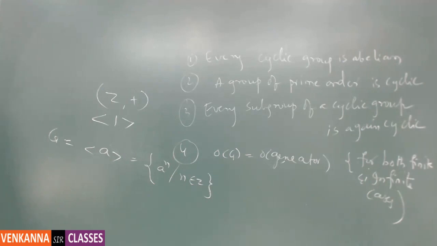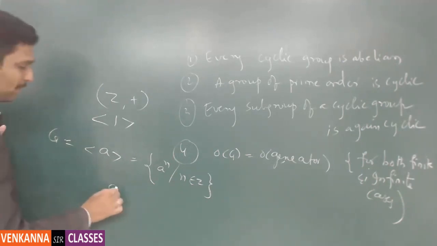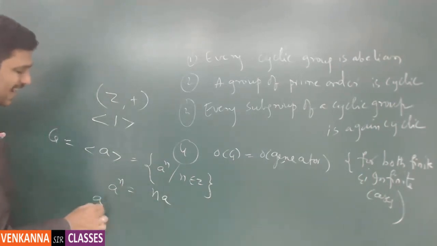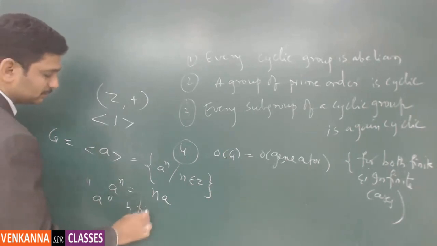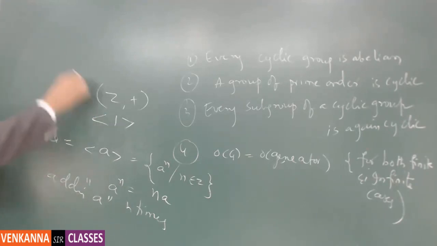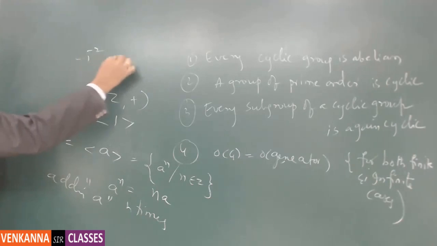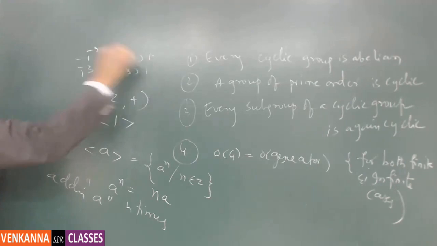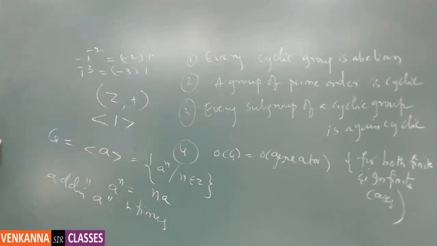If you take the operation as addition, here a to the power n means n into a, so you are adding a n times. For negative numbers, 1 to the power minus 2 is nothing but minus 2 into 1, 1 to the power minus 3 is nothing but minus 3 into 1, like that you are doing. Okay? So for Z comma plus, 1 is the generator.